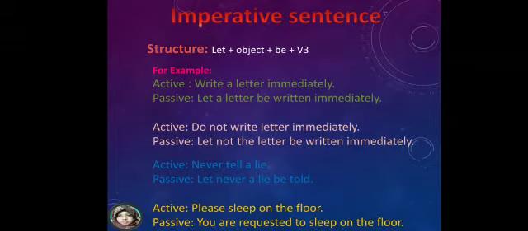As with let not, we have to write let never, then object, then be, then told, which is the past participle form of tell. Last one is, please sleep on the floor. When active voice starts with please or kindly, instead of please or kindly, we have to write you are requested to, then the remaining words.